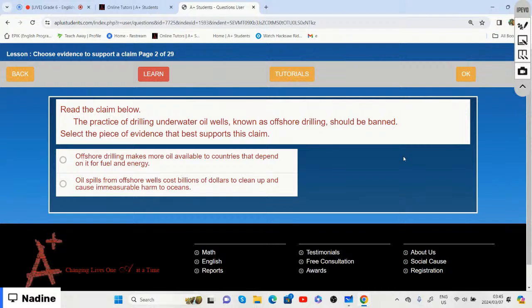Or is it that oil spills from offshore wells cost billions of dollars to clean up and cause immeasurable harm to the ocean? We need to choose the correct claim below as to why people should not be drilling offshore anymore.